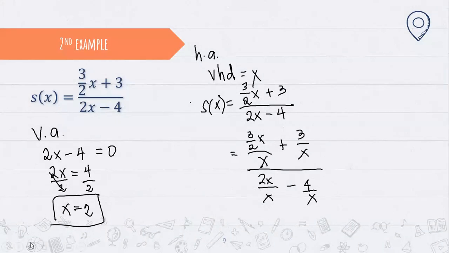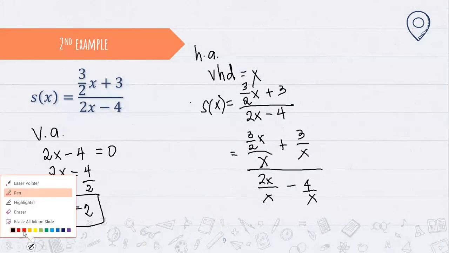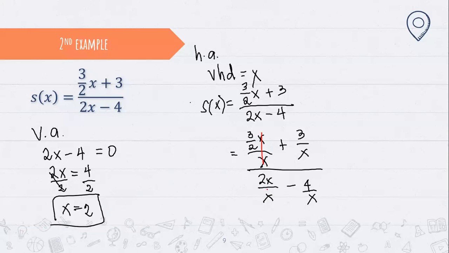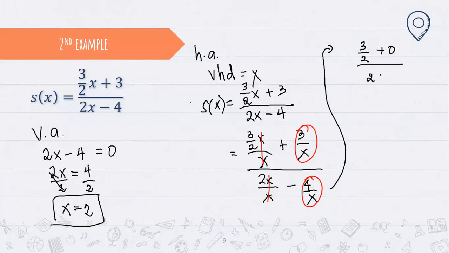Cancel muna natin yung mga pwedeng i-cancel. Ito hindi pwede i-cancel, so 0 yan. Magiging 3 over 2 plus 0 all over 2 minus 0.